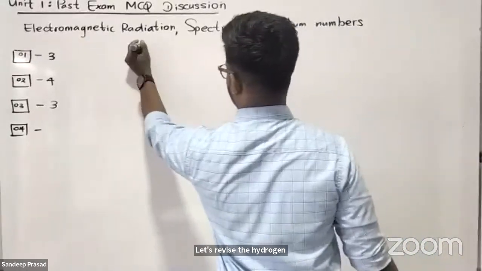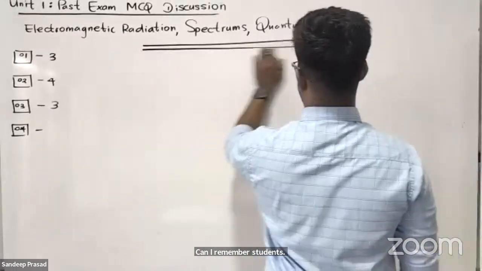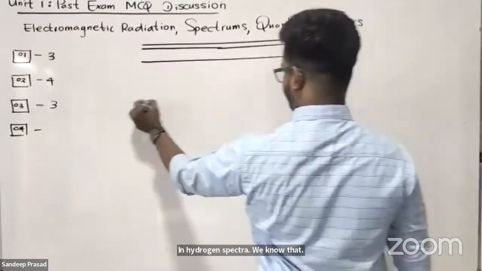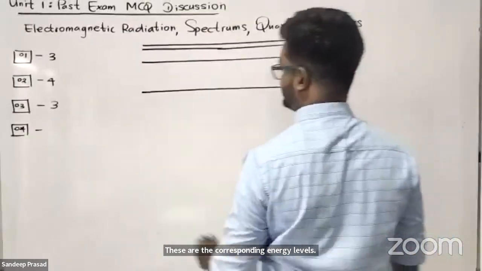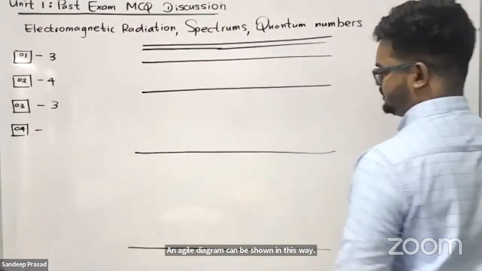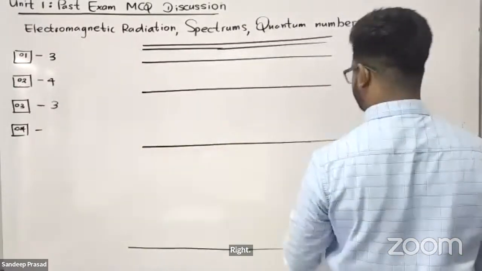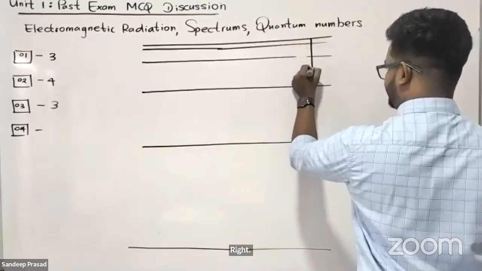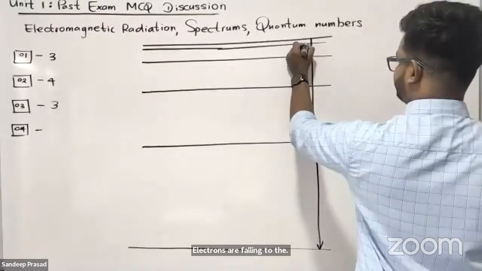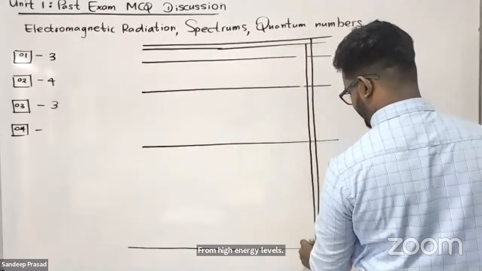Can you remember, students? In the hydrogen emission spectrum, we know that these are the corresponding energy levels. The energy level diagram can be drawn in this way. Electrons are falling to the lower energy levels from high energy levels.